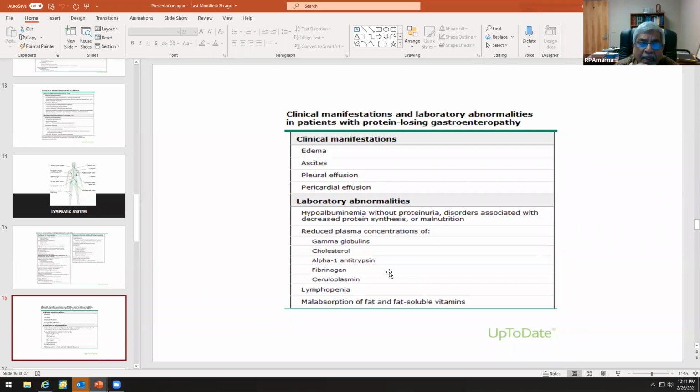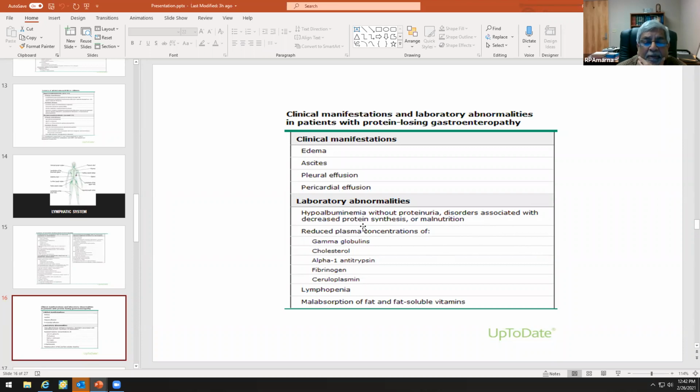The laboratory abnormality that you'll see is hypoalbuminemia. And this hypoalbuminemia is without proteinuria. So you always have to check the urine to see if they have proteinuria, so that you can confirm that the hypoalbuminemia is due to GI losses rather than anything else.